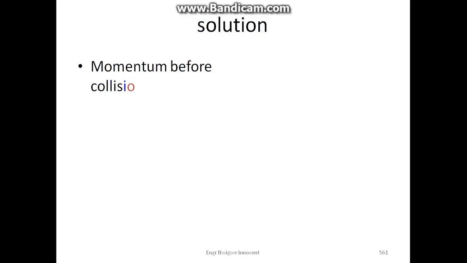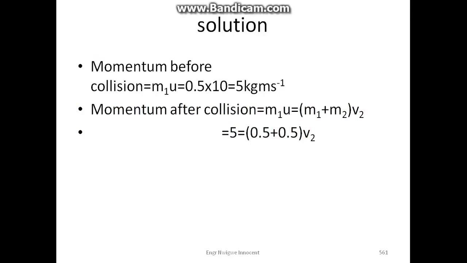Solution. Momentum before collision is equal to m1u, which is equal to 0.5 times 10, which will give us 5 kilogram meters per second. Momentum after collision is equal to m1 plus m2, all in bracket, times v2.